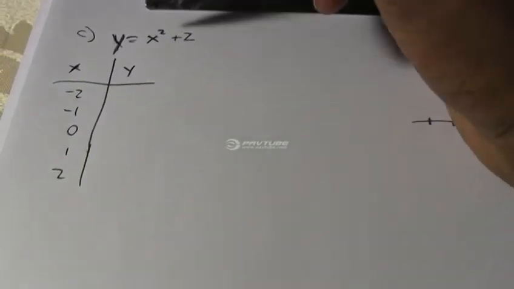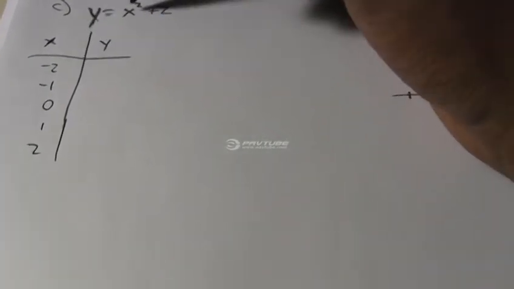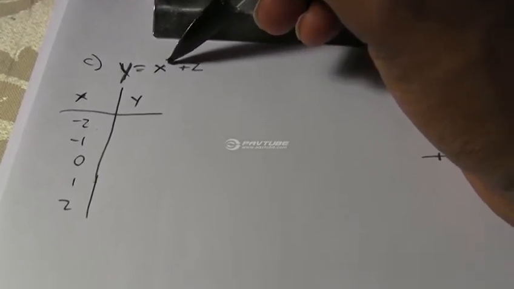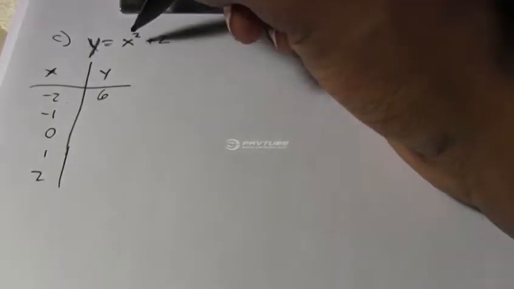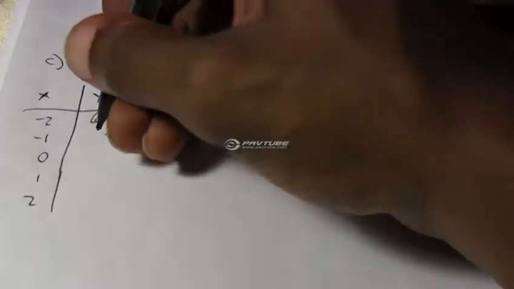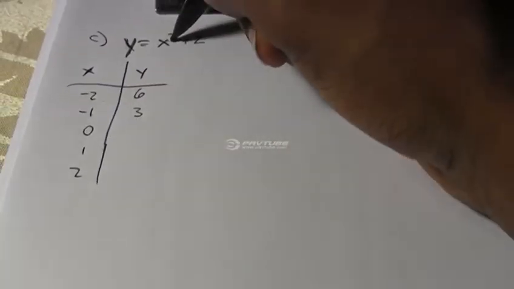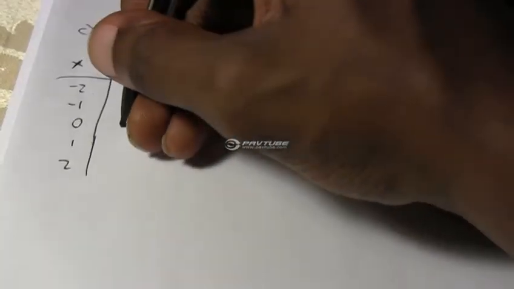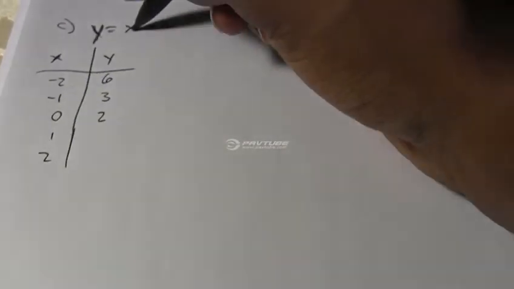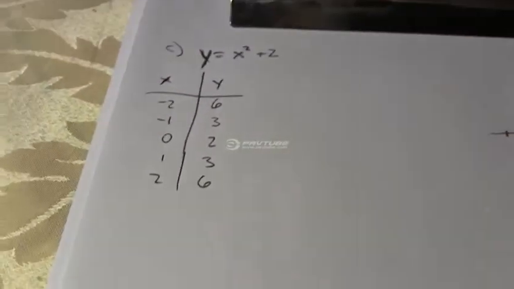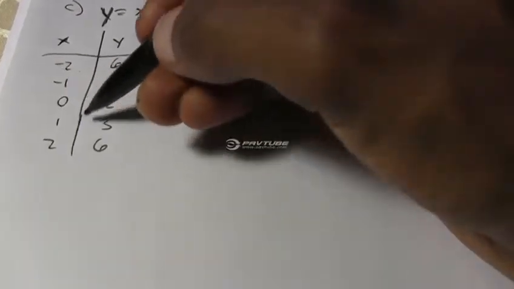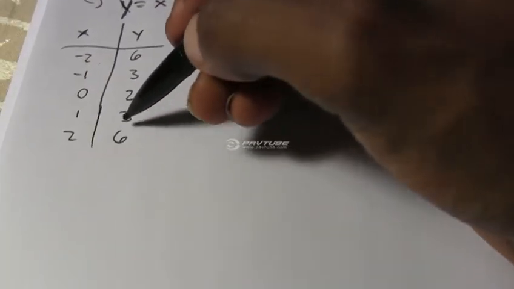So you plug them in. -2 squared is 4, plus 2 is 6. -1 squared is 1, plus 2 is 3. 0 squared is 0, plus 2 is 2. 1 squared is 1, plus 2 is 3. 2 squared is 4, plus 2 is 6. All right, again, there's our symmetry. 6, 3, 2, 3, 6. We see that they have the same rough values.